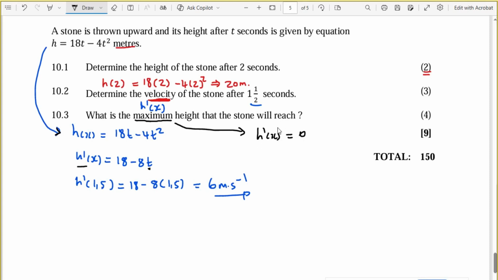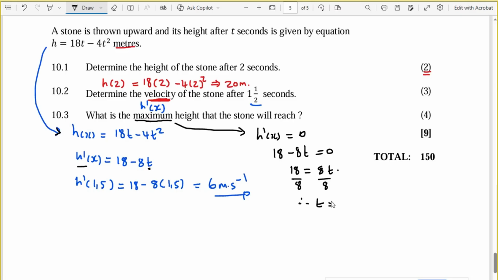We're going to use that time to find the height. We know that the derivative is 18 minus 8t, equate that to 0 and solve for t. So 18 is equal to 8t, divide both sides by 8. Therefore, what is t equal to?